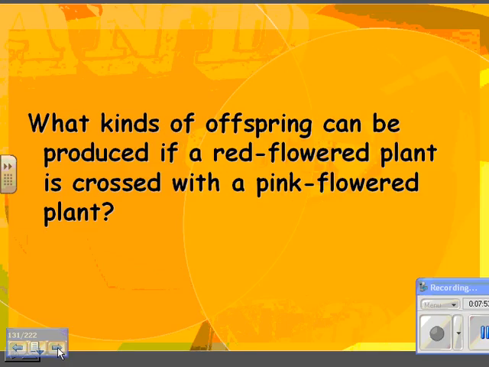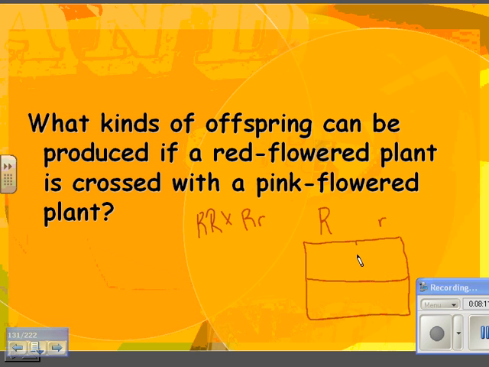What kinds of offspring can be produced if a red-flowered plant is crossed with a pink-flowered plant? So this one's gametes, it would make one big R sperm, and it would make one little r sperm, or eggs, whatever. This one can only make big R. And if you want to just put big R and forget the bottom, you can, or if you want to fill them both in, so be it. This sperm fertilizes that egg, that one and that one. This one and this one combine, and this one and this one would make big R, little r.